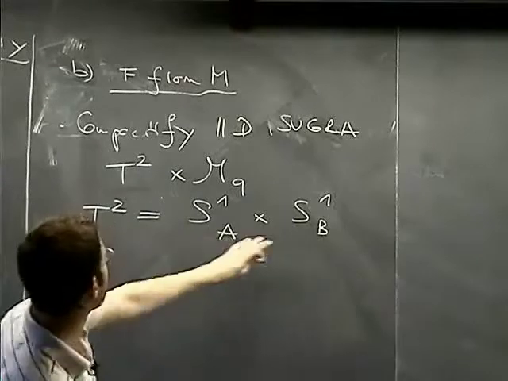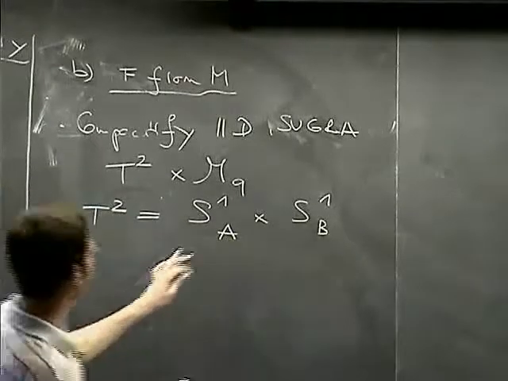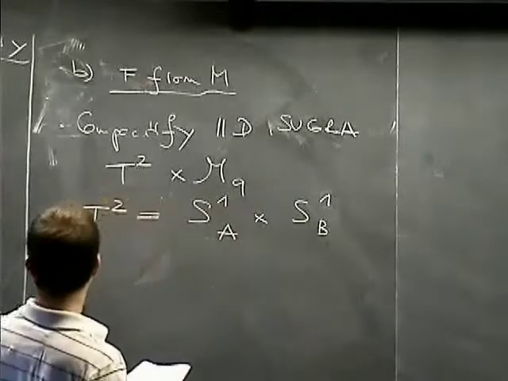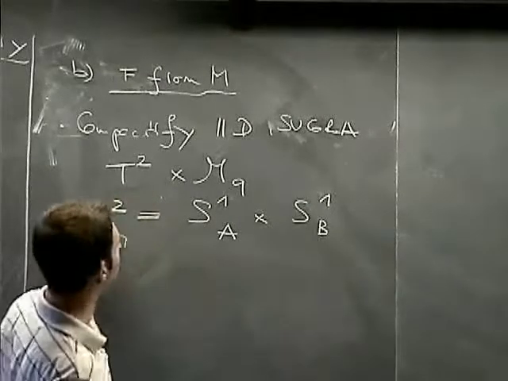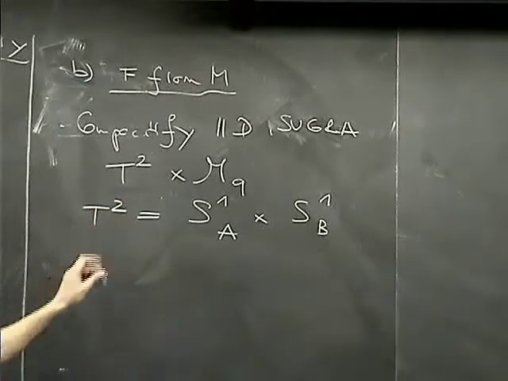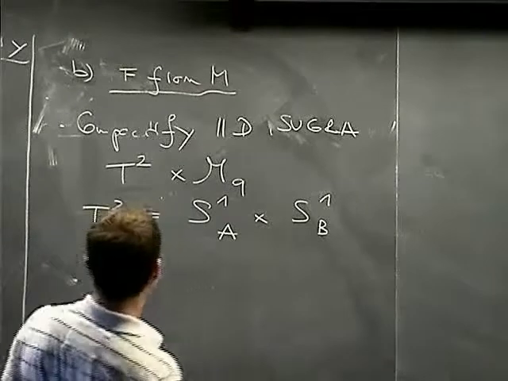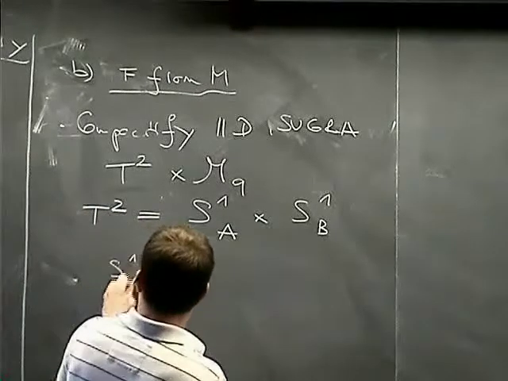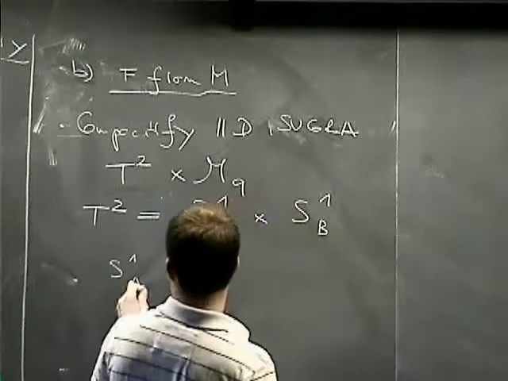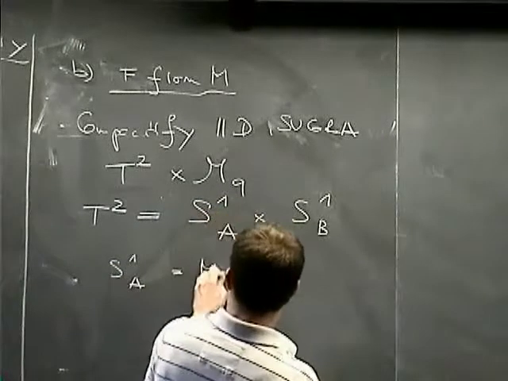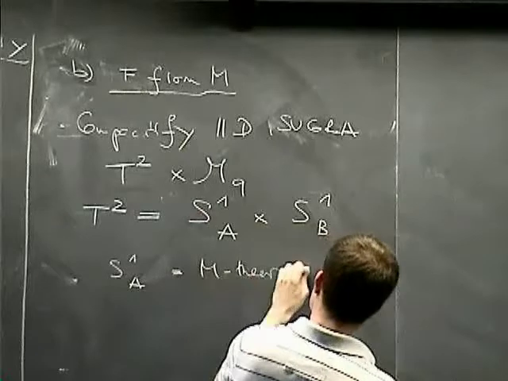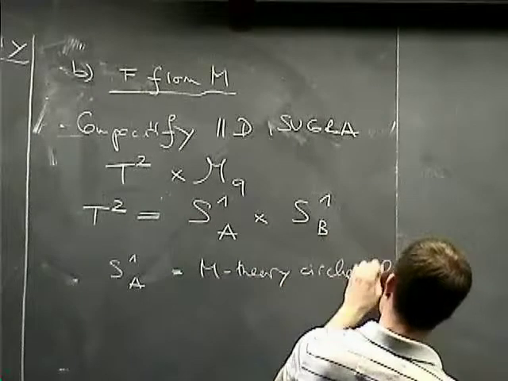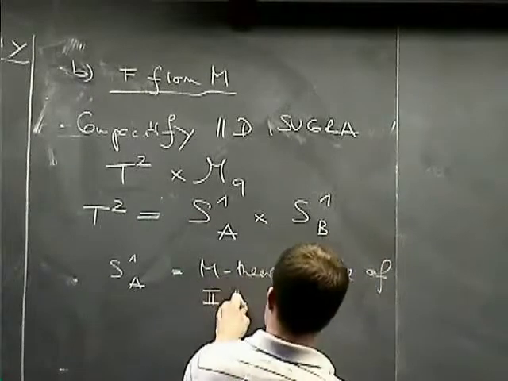So we reduce it along a torus with the product of two circles. And we now take the limit of the volume of the torus to 0 in the following fashion. First we identify this A cycle as the M-theory circle of type 2A, so to speak.